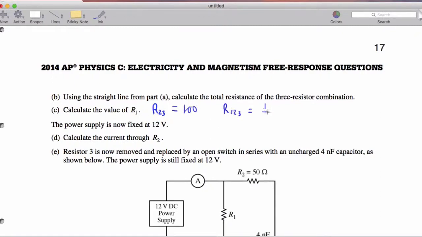R123 is going to be 1 over R1 plus 1 over 100, to the negative 1. Keeping that in mind, we know that R123 is 62.5, which we got from that slope calculation.